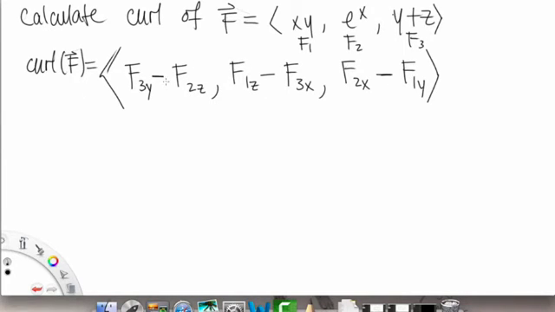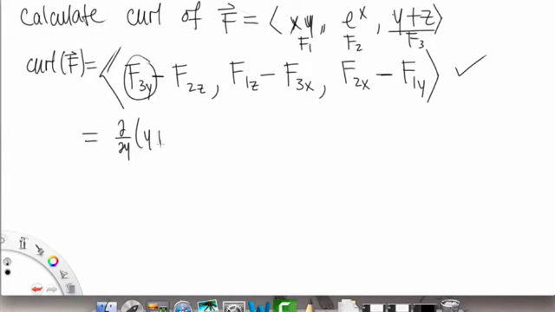Okay, so now all we need to do is actually compute the curl. But half the battle is actually remembering the formula itself. So that was good. Now what this signifies is the partial of f sub 3, so y plus z, with respect to y.